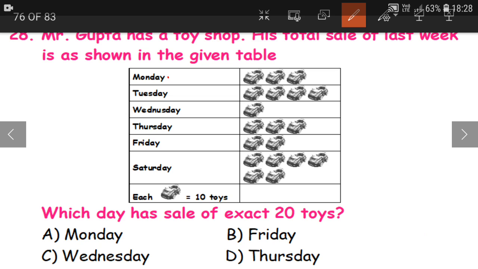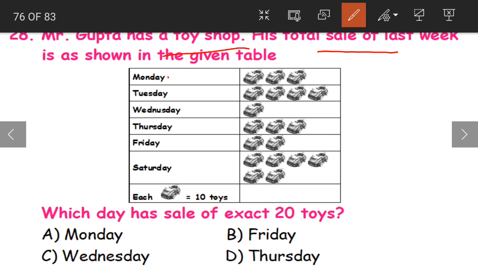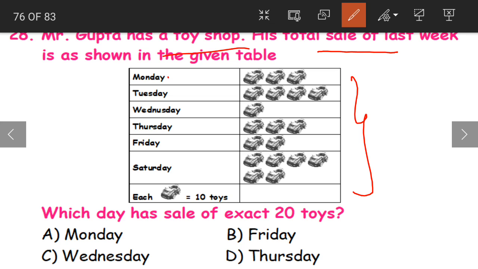Question 28. Mr. Gupta has a toy shop. His total sale of last week is as shown in the given table. Which day has a sale of exactly 20 toys? From this table, we have to find the day on which Mr. Gupta sold exactly 20 toys.